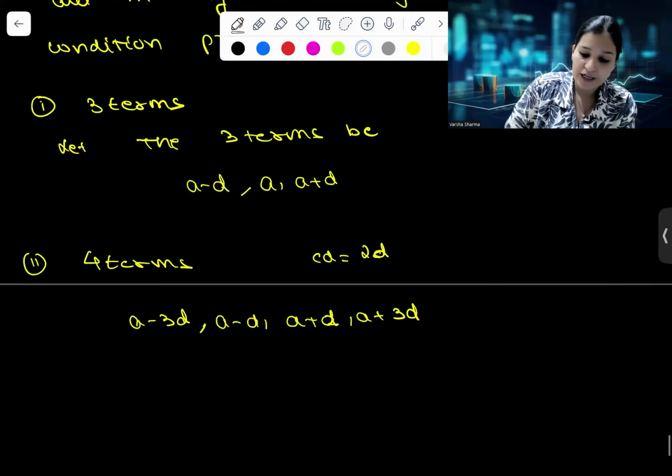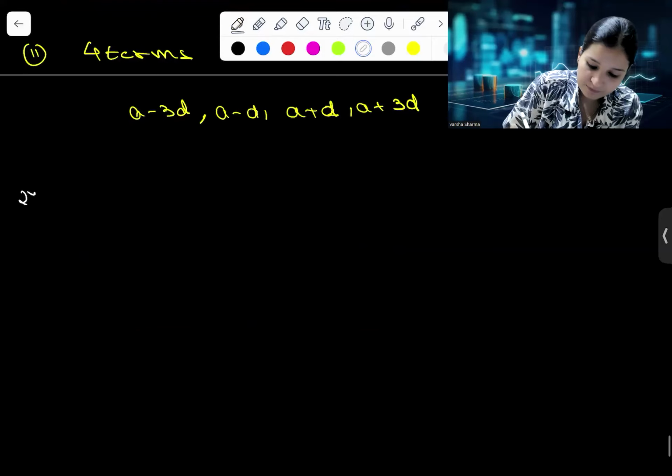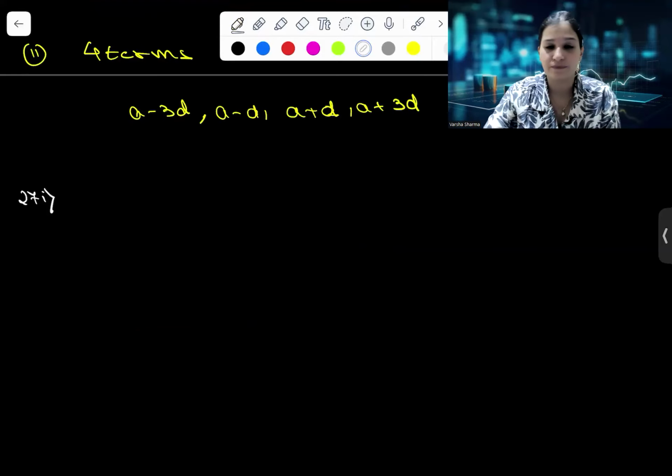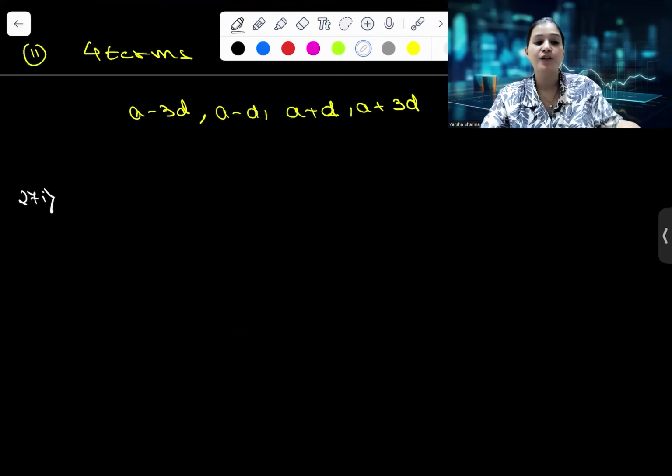Let's try 27, number 1. Find three numbers in AP whose sum is 21 and product 315. There's no mention of A and D, so both are missing.